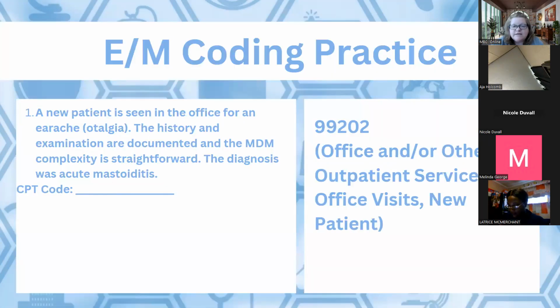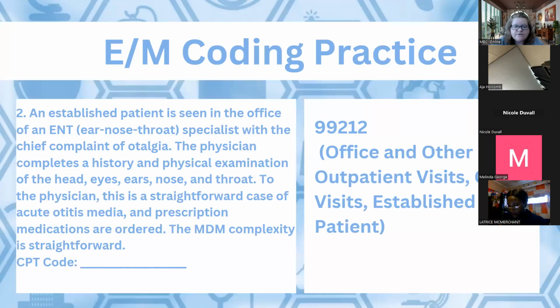So let's look at number 2. This one's a little bit longer. An established patient seen in the office of an ENT specialist with the chief complaint of otalgia, which is funny because that's the same thing the other patient had, an earache. The physician completes a history and physical examination of the head, eyes, ears, nose, and throat.